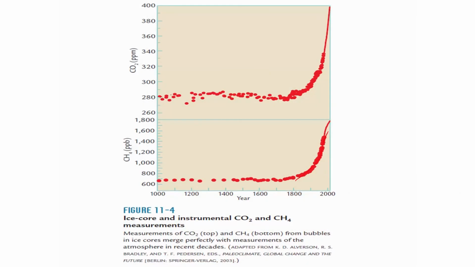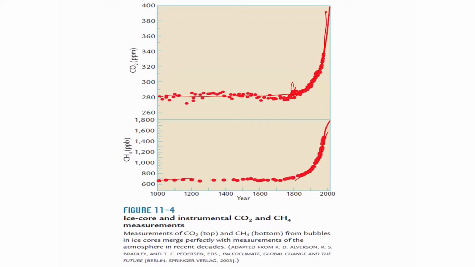Monsoons change, river runoff changes, upwelling changes, but still the radiative forcing eventually also goes back to how the carbon cycle changes and how carbon dioxide changes. You can see that carbon dioxide remained fairly constant at about 280 ppm till the Industrial Revolution began, and then it has been increasing super exponentially.